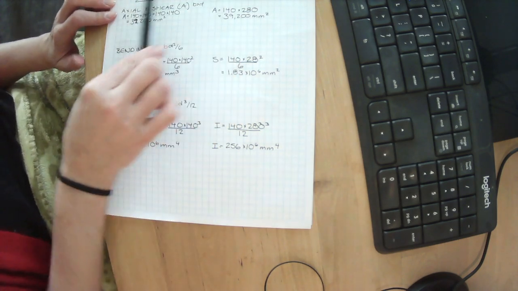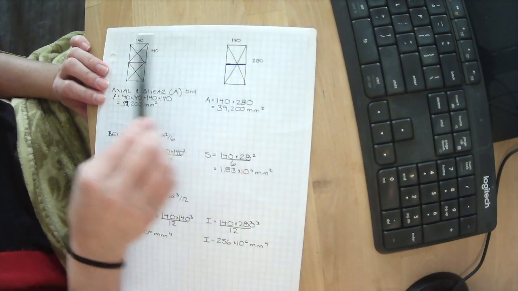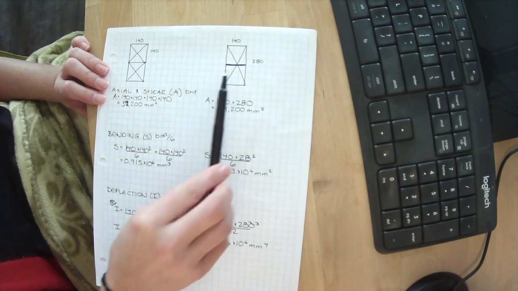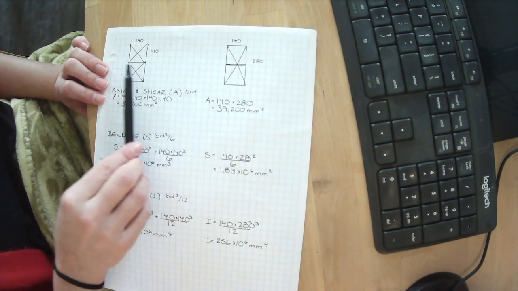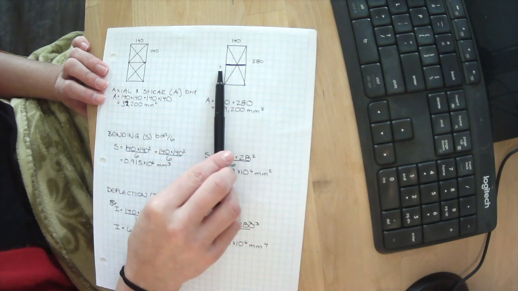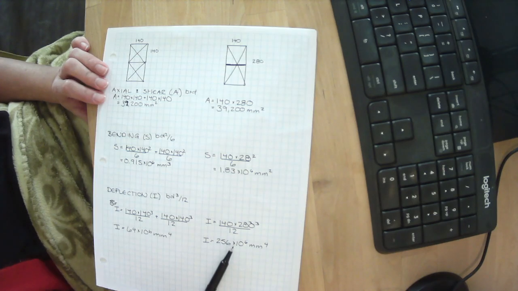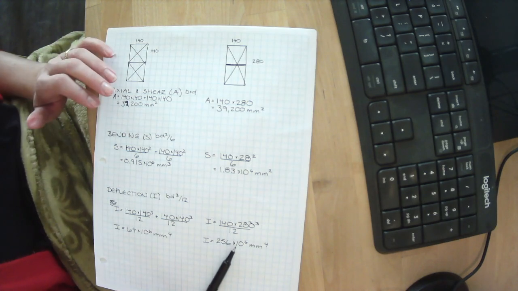So same amount of material in both of these. We didn't change the amount of material. All we did was make sure these two small objects were glued together, and we quadrupled the stiffness of our system. That's incredible.